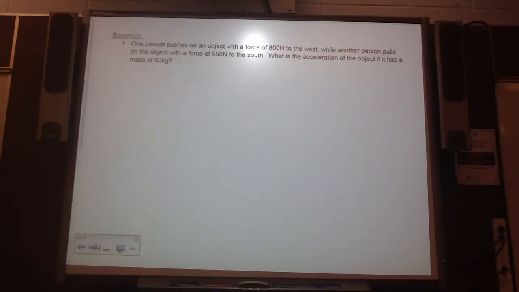So one person is pushing on an object with a force of 800 newtons to the west, while another person pushes on the object with a force of 550 newtons to the south. What is the acceleration of the object if it has a mass of 62 kilograms?